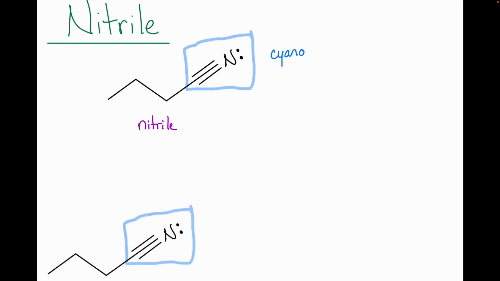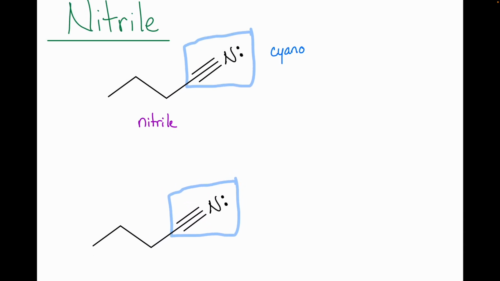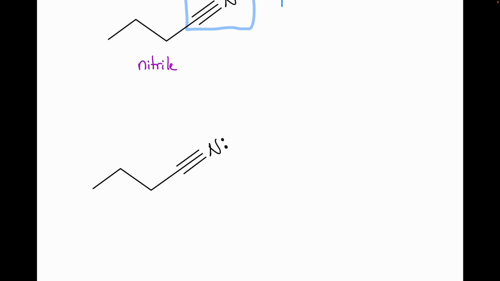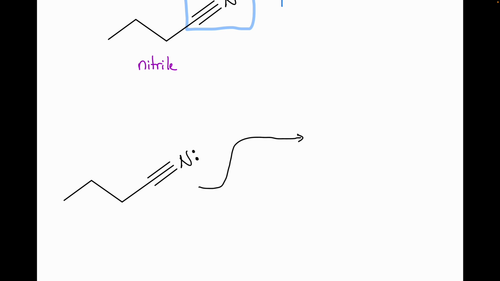All right, and so two sort of random reactions of nitriles that are placed in this chapter is one, we can reduce them using one of our common reducing agents, lithium aluminum hydride, followed by that acidic workup.